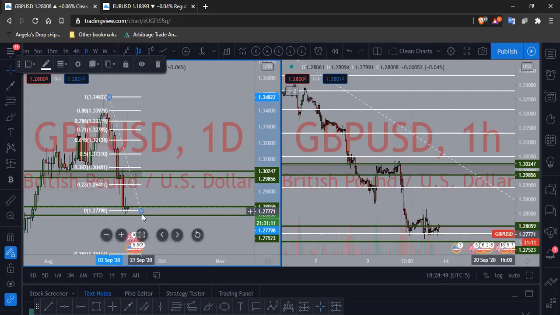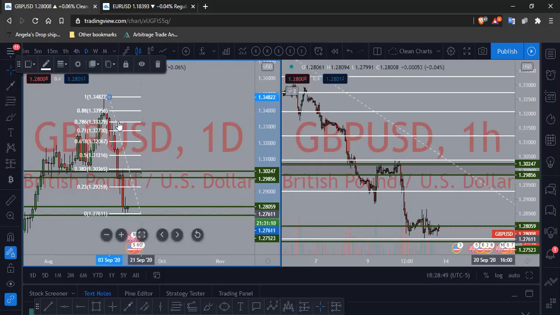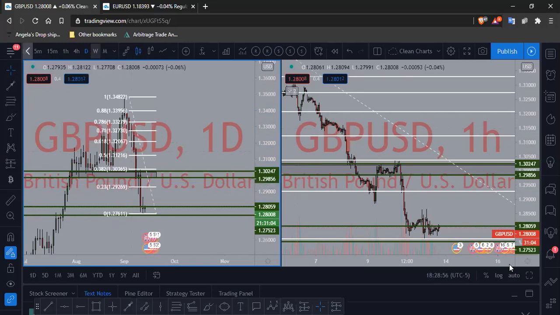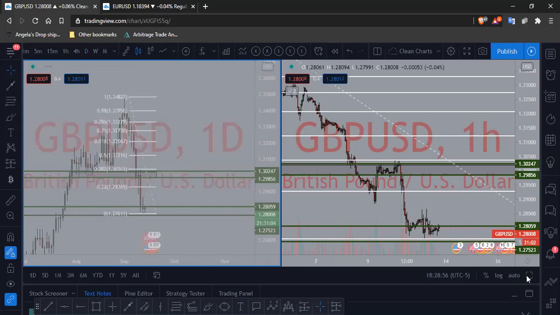But hold on, let me take this lower. But I don't think that's what's going to happen. Because again, let me even go to the weekly time frame and zoom this out.